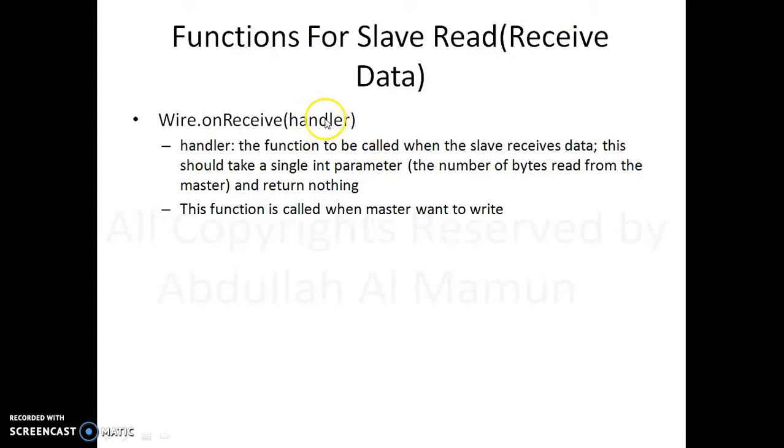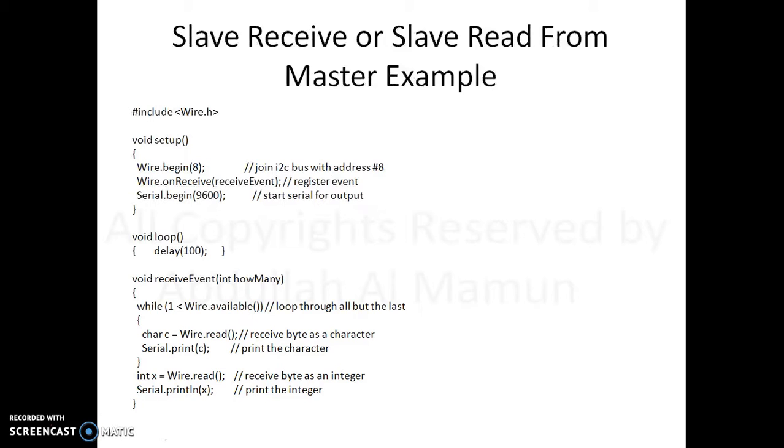Through this function a single integer parameter will be passed, and through this integer parameter the slave will receive, or read, the data which is coming from the master. So this is our code.